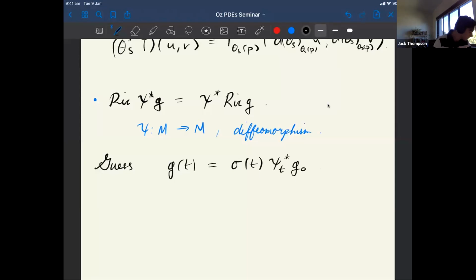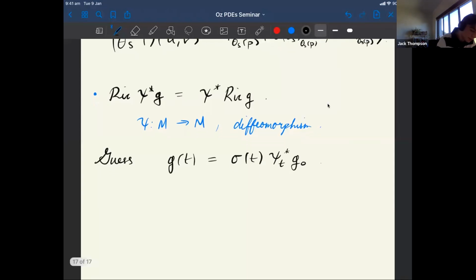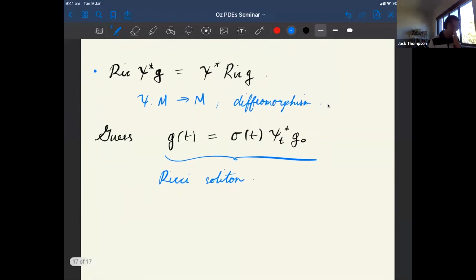Okay. So this is what we call a Ricci soliton.